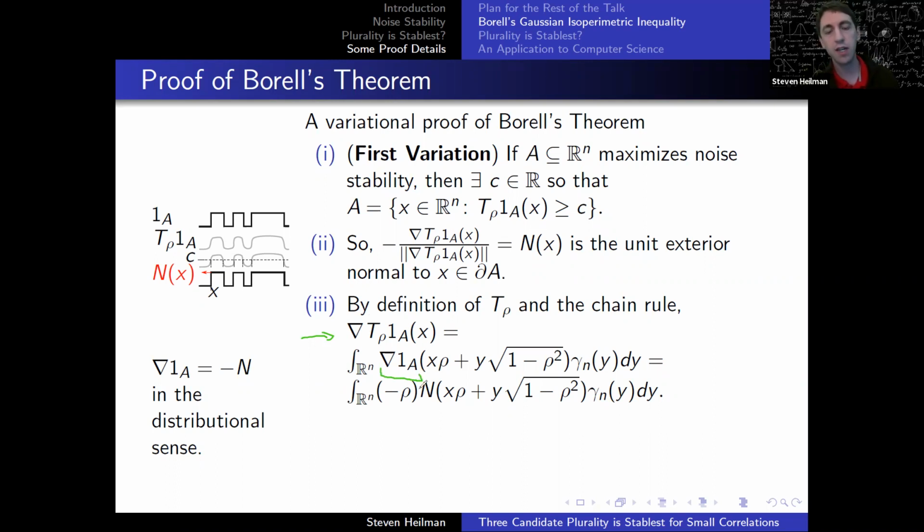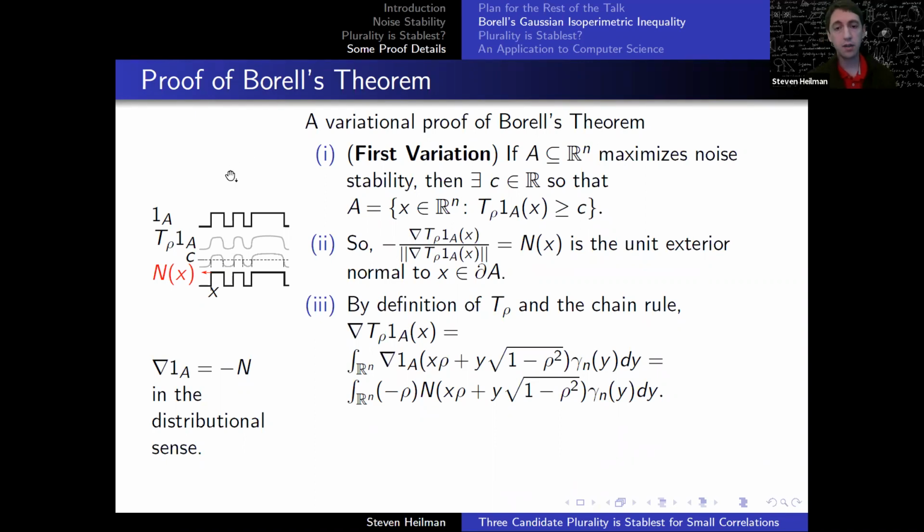We know the gradient of indicator A is basically the normal vector. And with the chain rule, we're going to get a rho here as well, and a negative. Once again, I'm being imprecise, but if you know distributions, you know that you can make this precise. Still haven't done anything fancy.